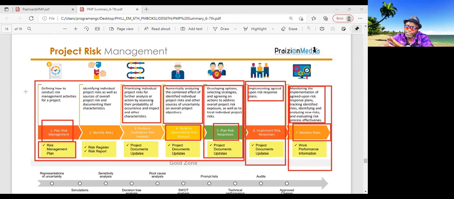So this is, in my mind, the second most important topic after integration and change management, which is big. Risk management and issue management is next. So issue management is not really talked about as a separate area, but a risk that is realized is an issue. And you do know that issue should be tracked in an issue log.